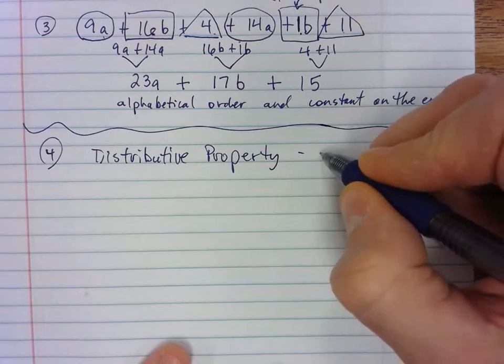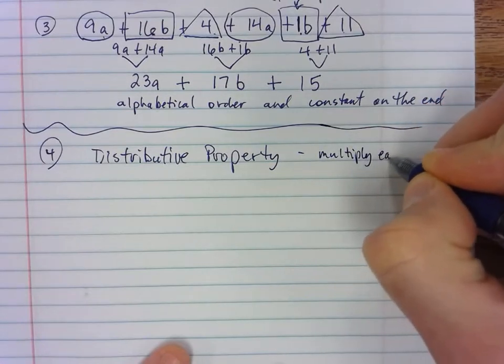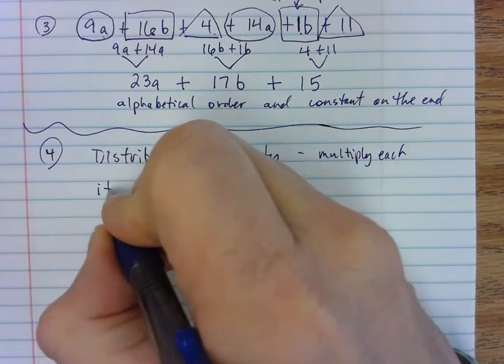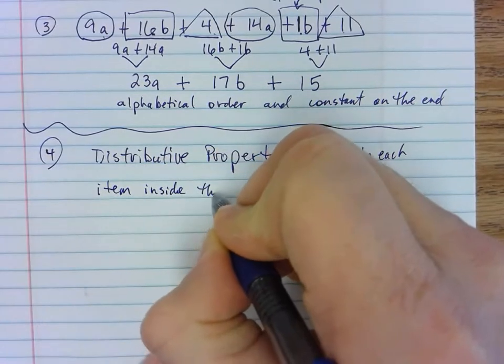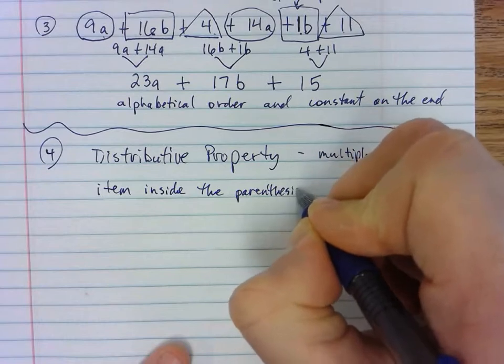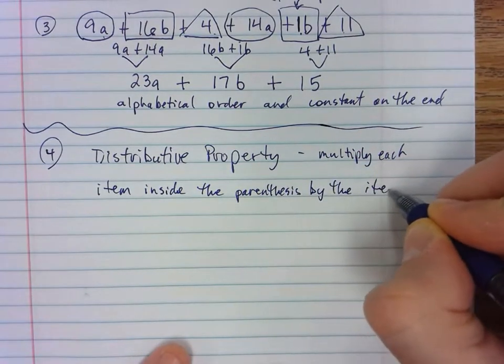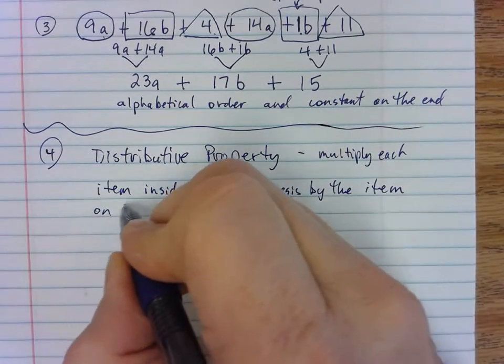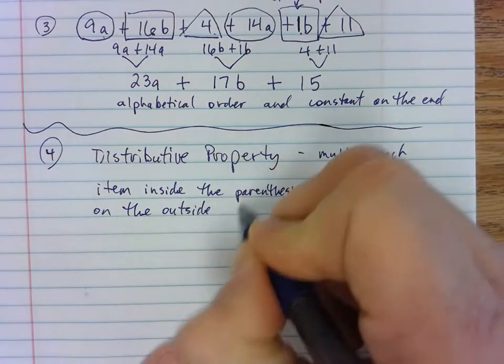What you're going to do is you're going to multiply each item inside the parentheses by the item on the outside of the parentheses.